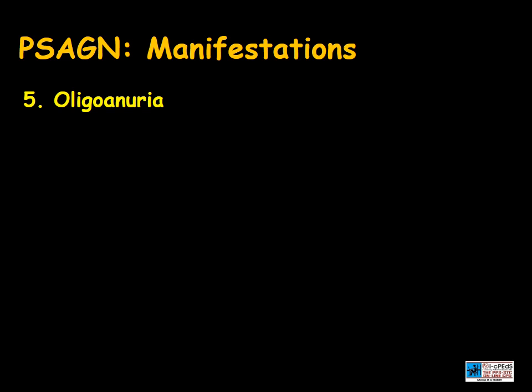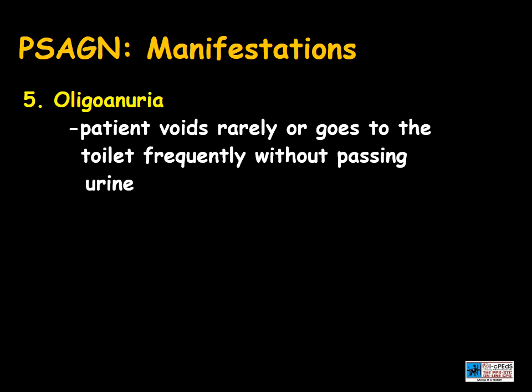Another noticeable manifestation is oligoanuria, wherein the patient voids rarely or goes to the toilet frequently without passing urine. This is due to a decrease in the glomerular filtration rate.